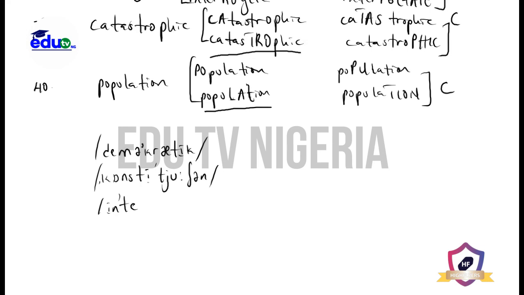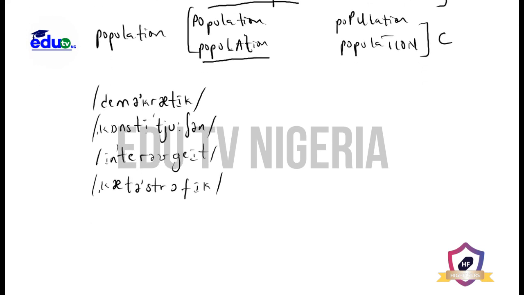Secondary stress on the first syllable, primary stress on the third syllable. Then the next word, interrogate, with stress on the second syllable. Next word, catastrophic, with secondary stress on the first syllable and primary stress on the third syllable. The last word we had, population, same thing, secondary stress on the first syllable, then primary stress on the third syllable.